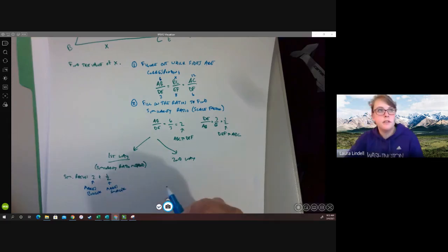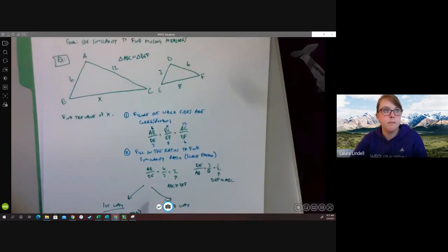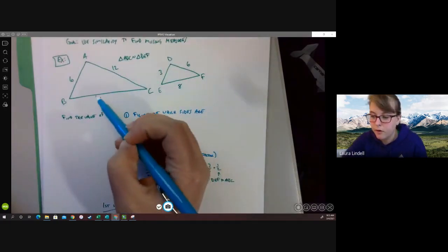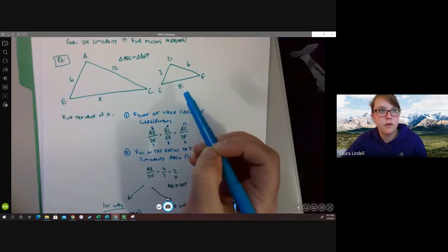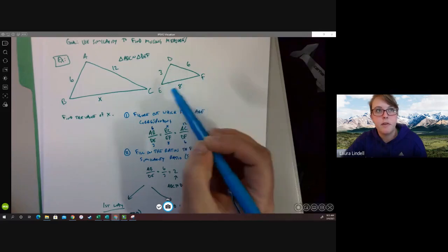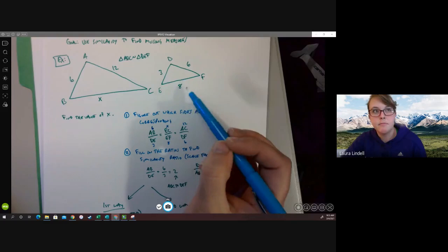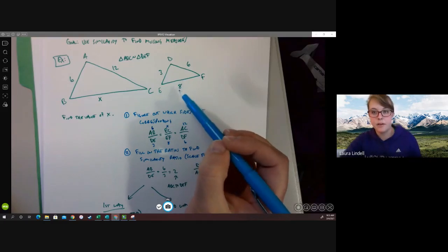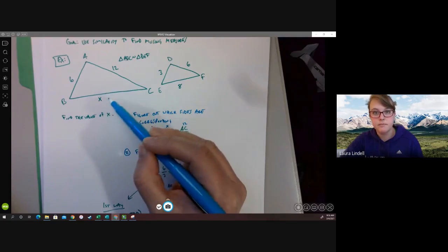So what I want to do is take the side on the one that I know that corresponds with the one that I don't and multiply it by whichever one that I need. So if I look back up here at my picture, I'm looking for this missing side here, X. The side that goes with it over here is 8. Now this triangle is the smaller triangle. So I want to take this and multiply it by the bigger scale factor to make it bigger and make it fit in with this triangle over here.